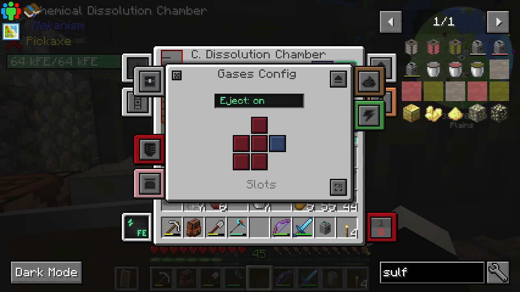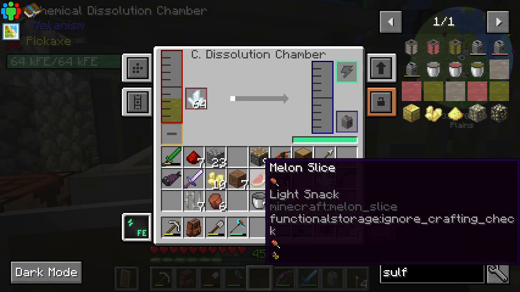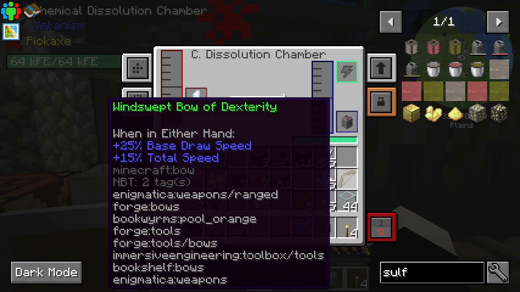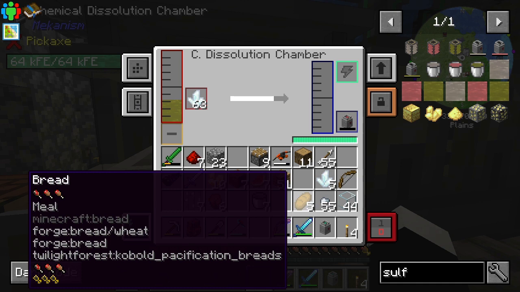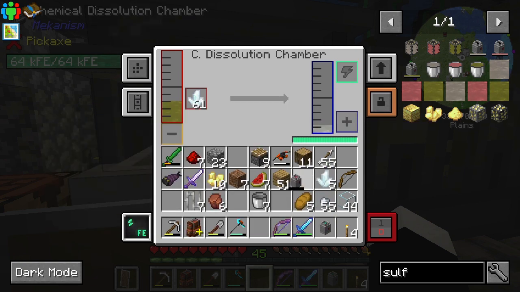So I'm going to turn eject off just briefly. And react the sulfuric acid with fluorite to make hydrofluoric acid. Wait a minute, am I using an advanced chemical tank? I didn't mean to do that.